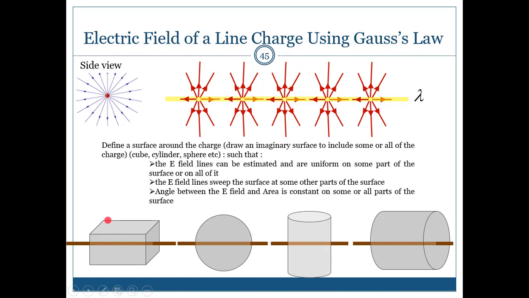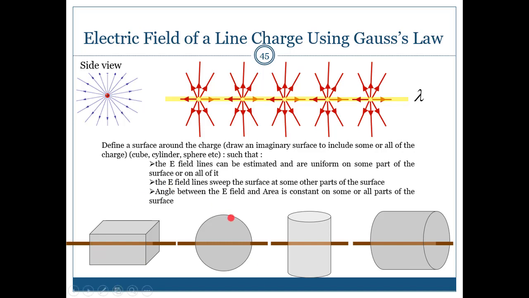So what do I do? I enclose some of it. So here is the part of the line that is in my Gaussian rectangular prism, part of the line that is inside my Gaussian sphere, Gaussian cylinder, another Gaussian cylinder put sideways. Okay, so I'm enclosing some of it.